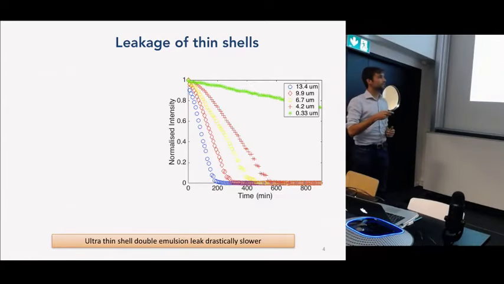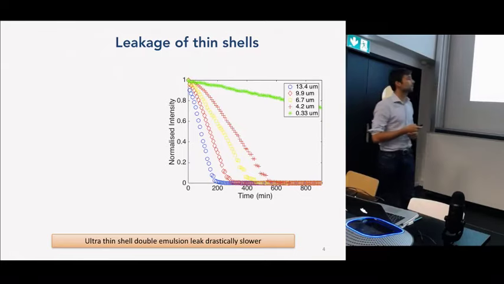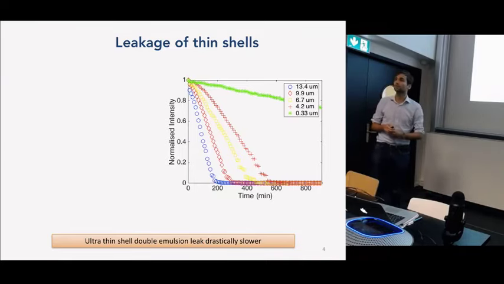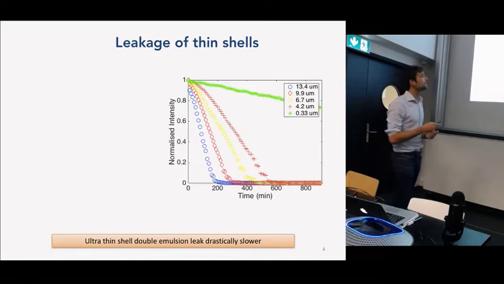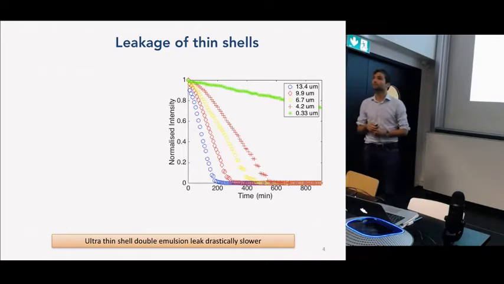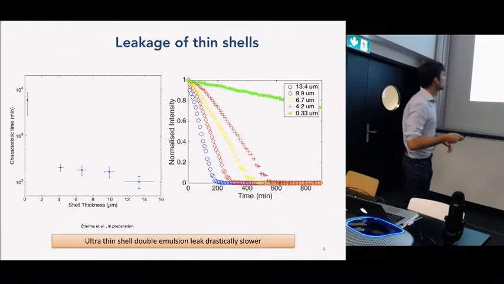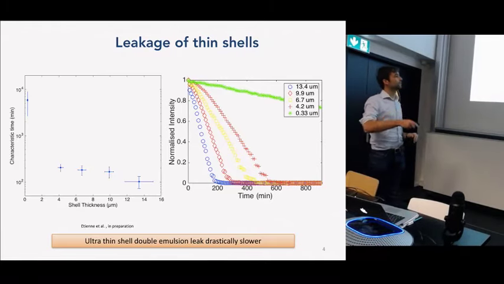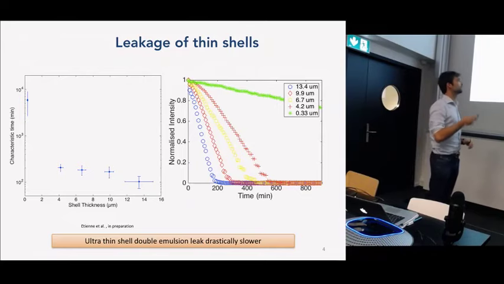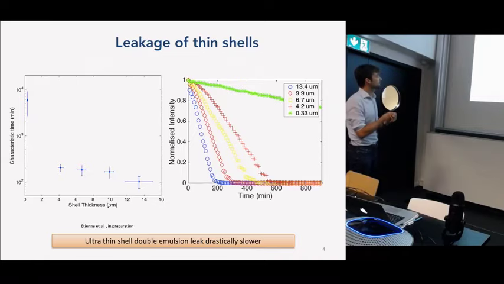You can measure the intensity as a function of the time. So for different shell thickness, for example, here at 13.4, everything is leaked out in about 200 minutes. For the thin shell in green here, you lose 20% of the initial intensity after 15 hours. So from this curve and different experiments, you can retrieve a characteristic time that we can plot as a function of the inverse of the shell thickness.